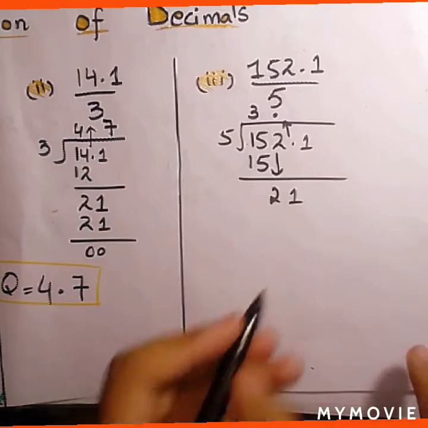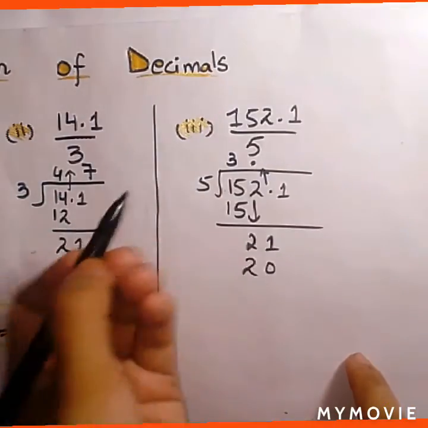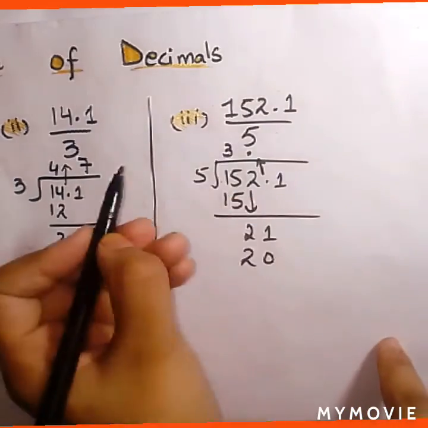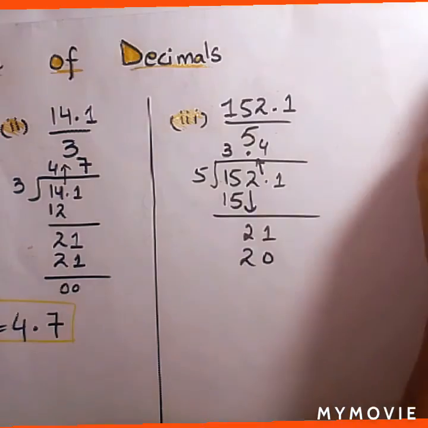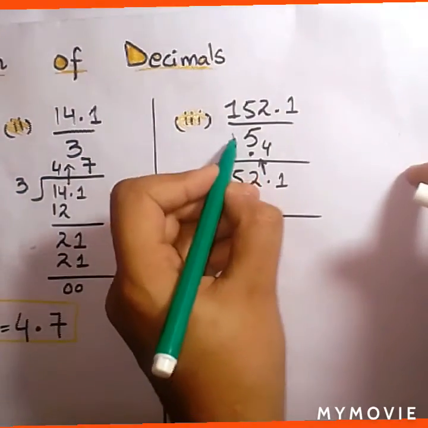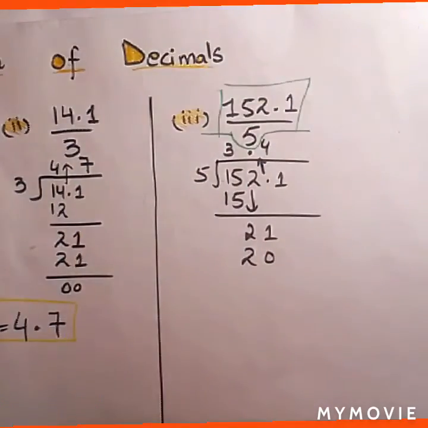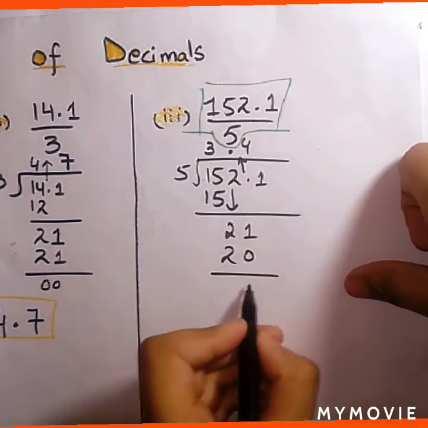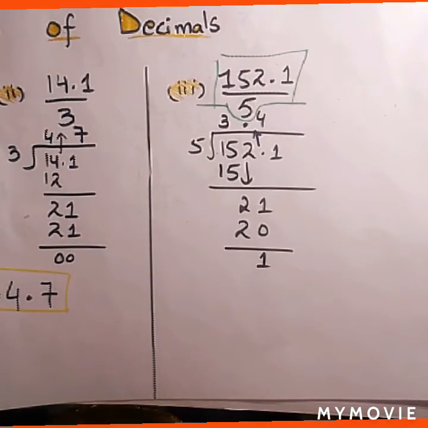Now 5 times 4 we get 20, otherwise the values are greater than the dividend, that's why I'm choosing it. I am writing so near that it can be a problem for you in explaining. This is your question and this is our division. Please make space. 1 is the remainder. Now we have to know that when we apply the point, we use 0.